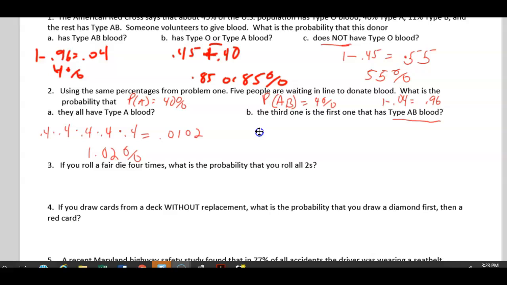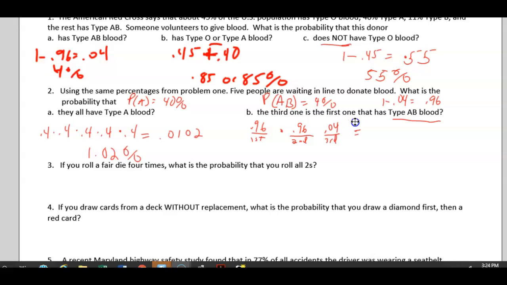So we've got to look at it like this. Because the third person is the first person to have AB, the first person doesn't have AB, so that's a 96% chance. The second person also does not have AB, so that's a 96% chance as well. Now the third person has a 4% chance of having AB blood.